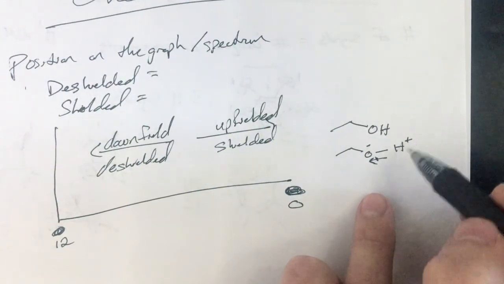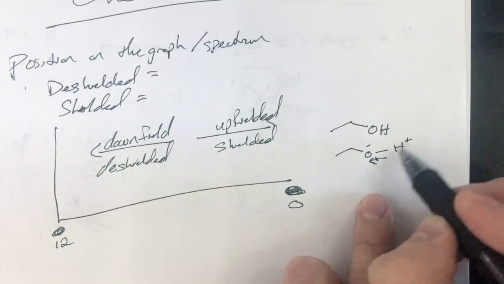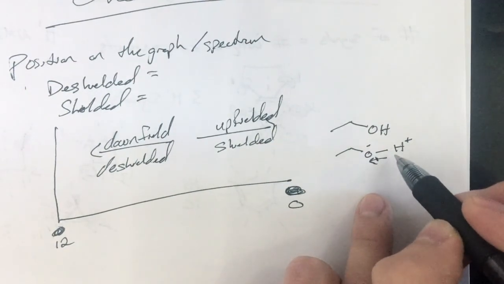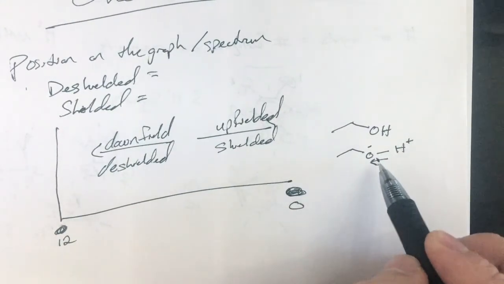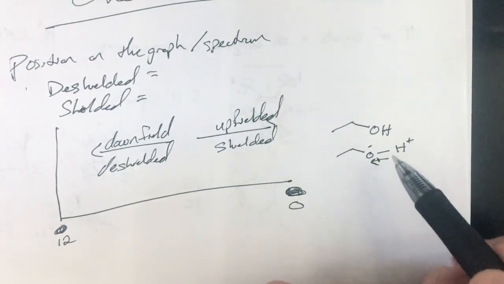And therefore you call it de-shielded. So this hydrogen here is de-shielded because this electronegative atom is pulling the electrons away from it.